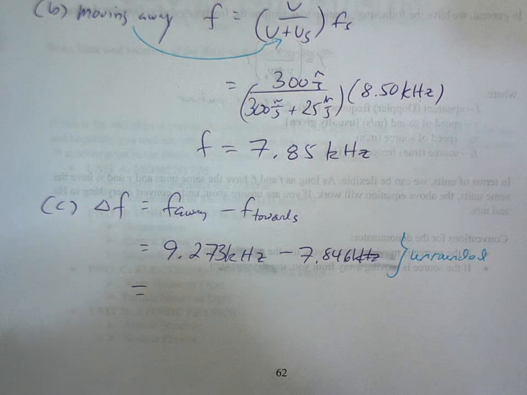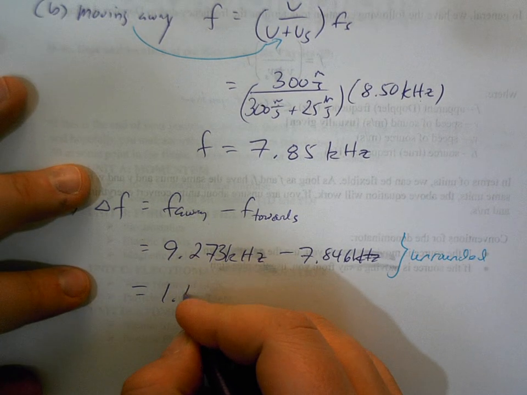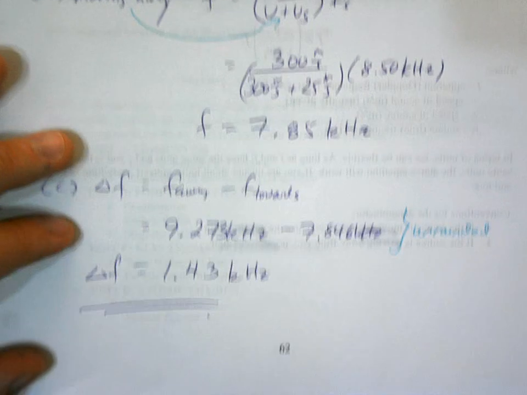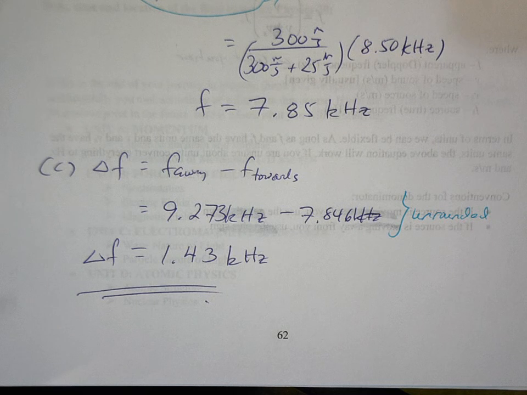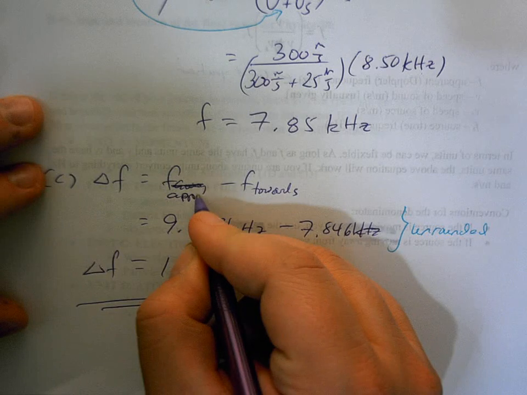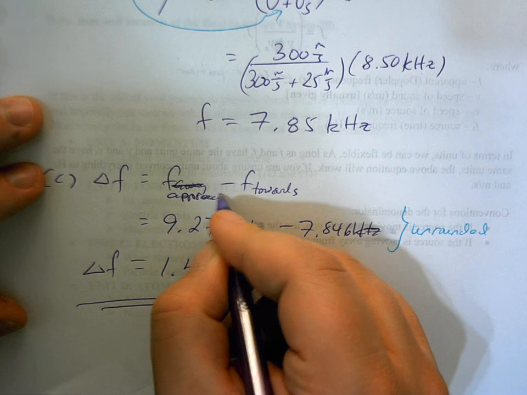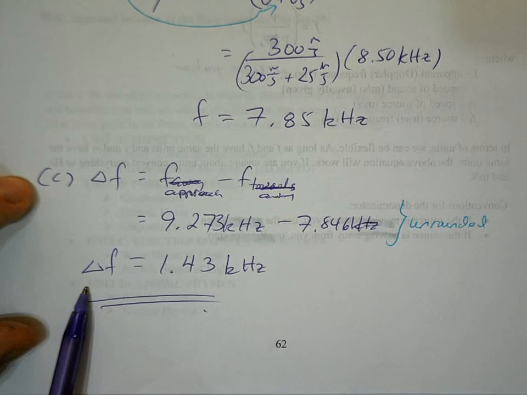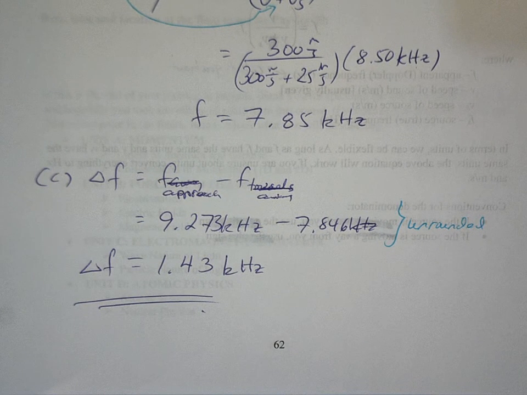If I calculate that difference in frequency, I'm going to get about 1.43 kilohertz. Sorry, I should have said f approach versus f away, I got it the other way. So what we're noticing is that the frequency change is going to be about 1.43 kilohertz. So there is going to be a change of just about 1400 hertz as the ambulance approaches versus when the ambulance moves away.